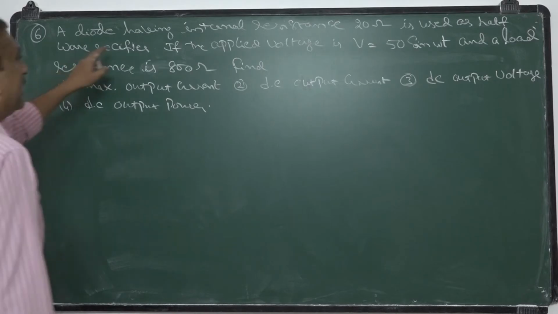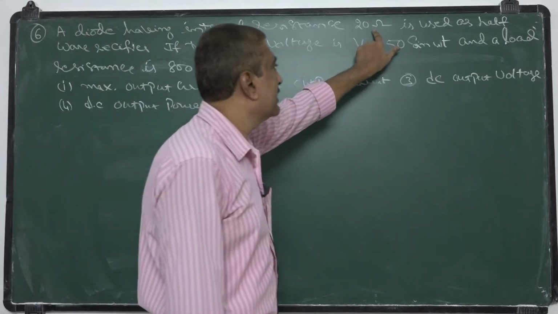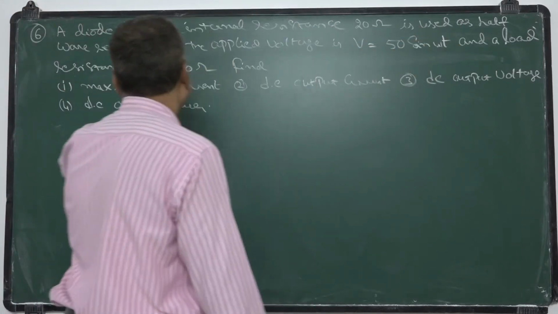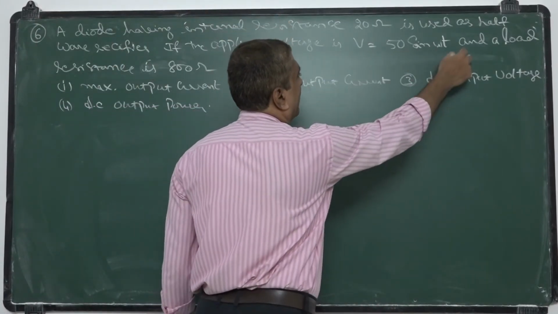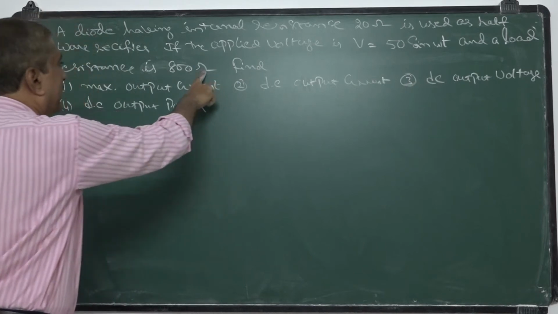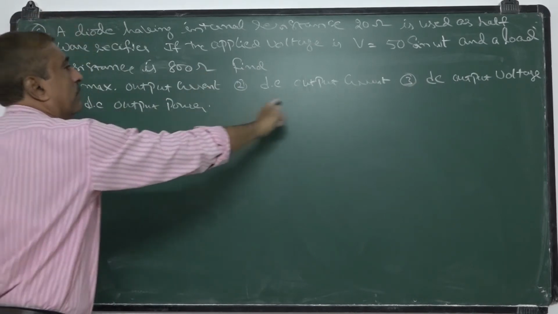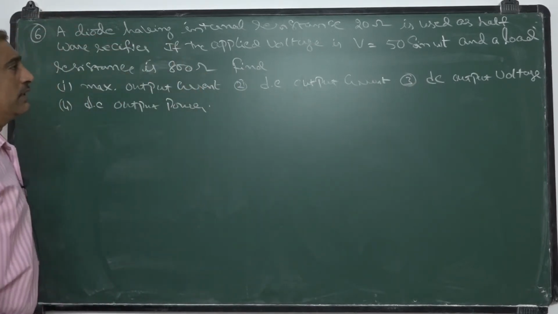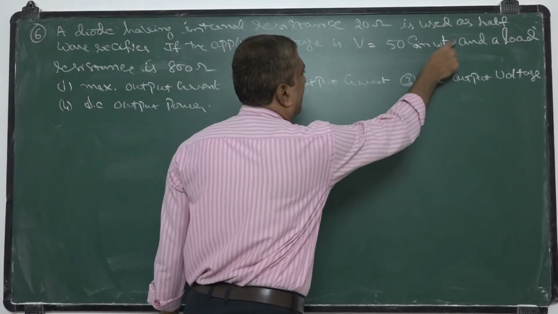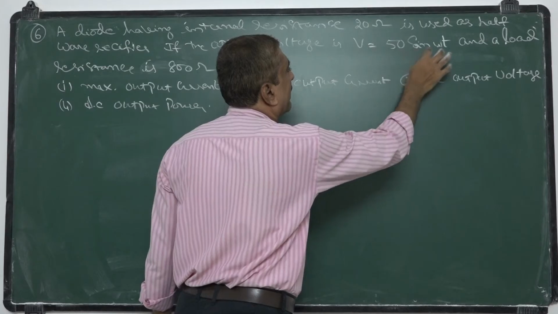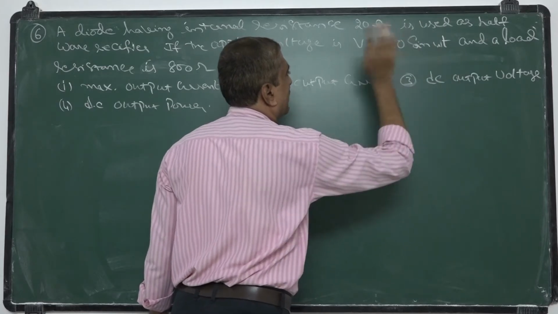Okay. A diode having internal resistance 20 ohm is used as a half wave rectifier. The applied voltage is 50 sin omega t and the load resistance is 800 ohm. Then find these parameters. So first, because it is a rectifier, the given input is alternating, represented by V equal to V0 sin omega t.